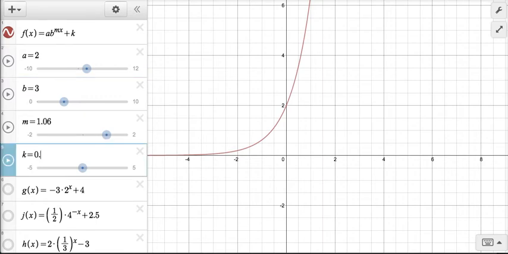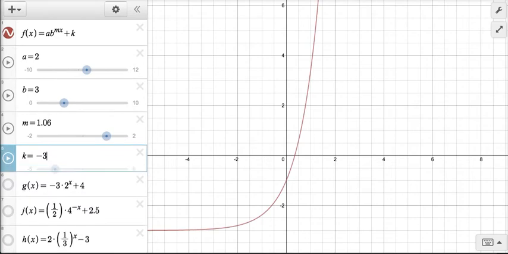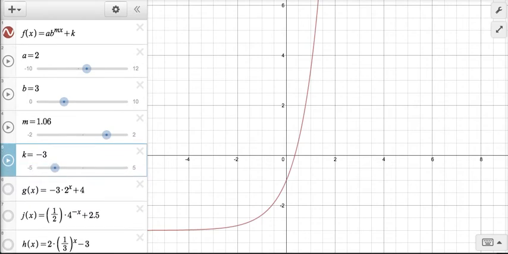Let's change K now to a negative 3. So two things are going to change. A and K affect the intercept. So the y-intercept here is at a negative 1.